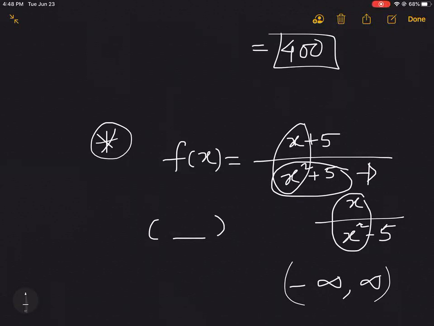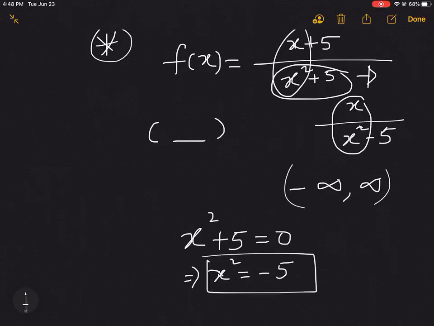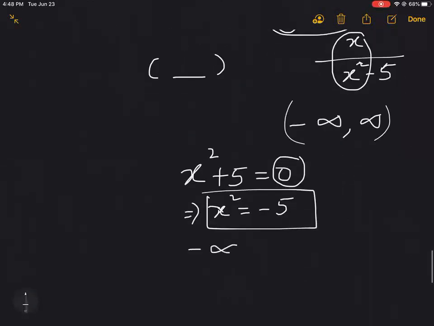Okay, so if you set your denominator to 0, I can see x squared is negative 5, which is not possible. That means there is no value of x for which the denominator will be 0. That's why we can say the set of all real numbers is our domain.